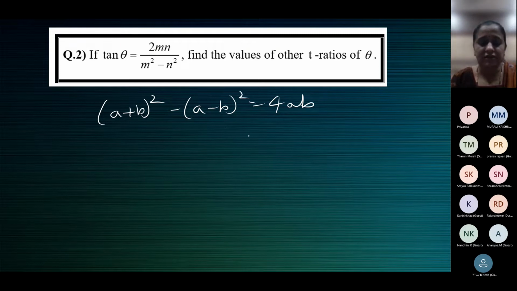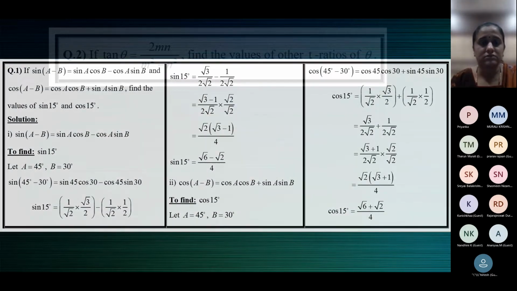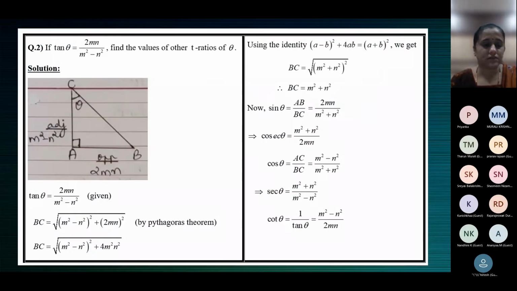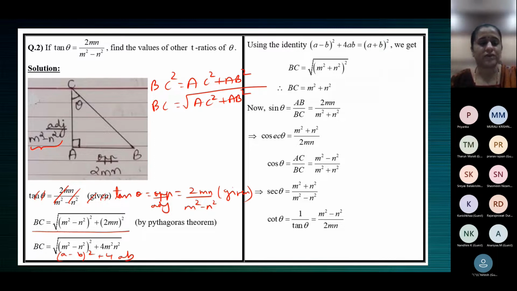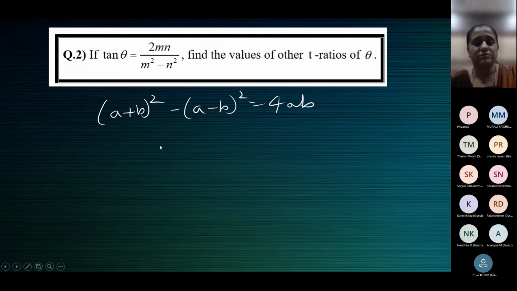Now transpose and find. Here this is like A minus B the whole square plus 4AB. So what is A minus B the whole square plus 4AB?